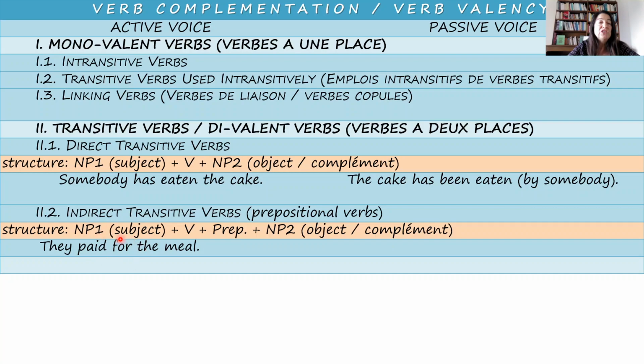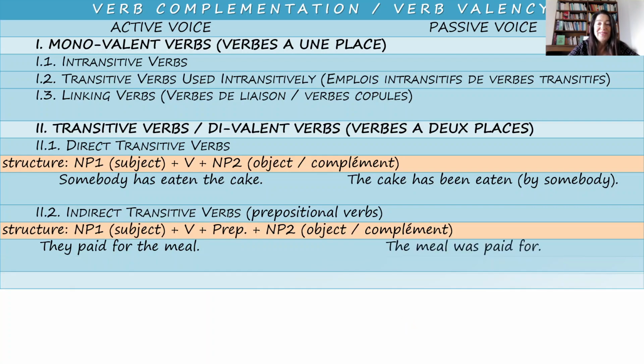So the preposition here is for, and as you can see, they is NP1 and then the verb and then the preposition. So I'm following the syntactic structure here. And then NP2, noun phrase number 2, is the meal. So that's the object from which we can construct the passive voice sentence.